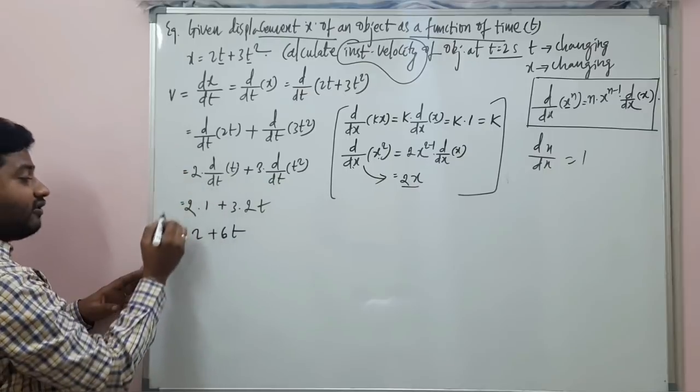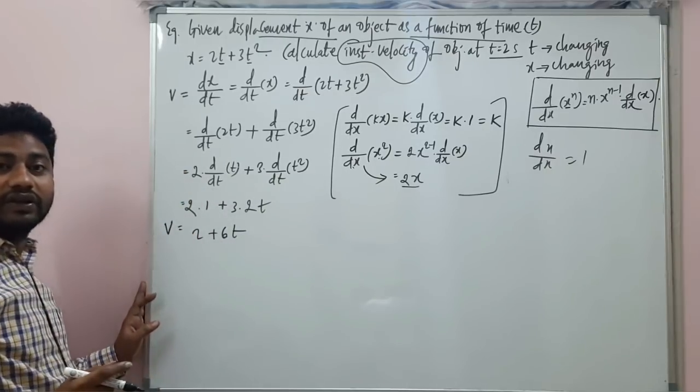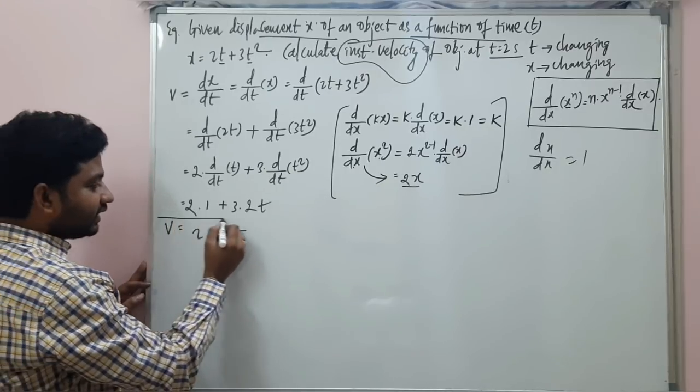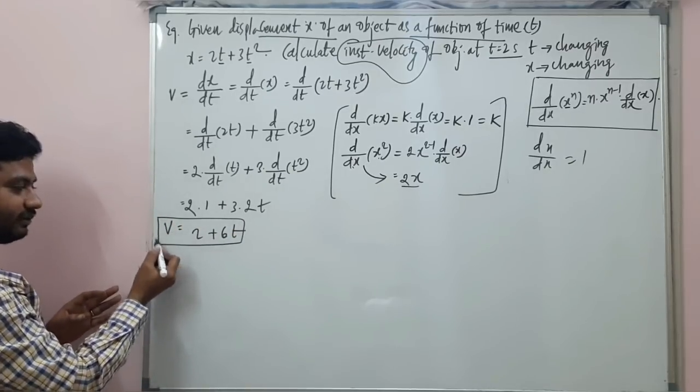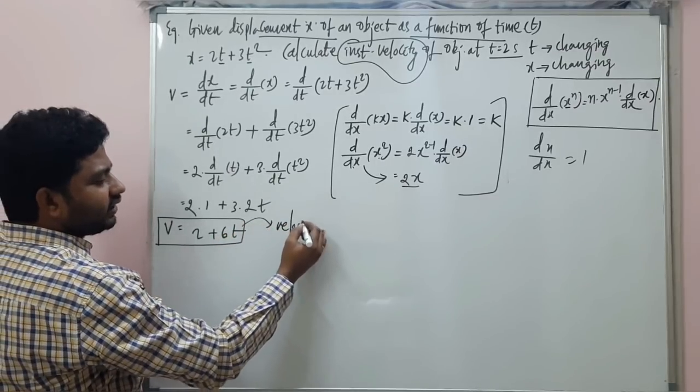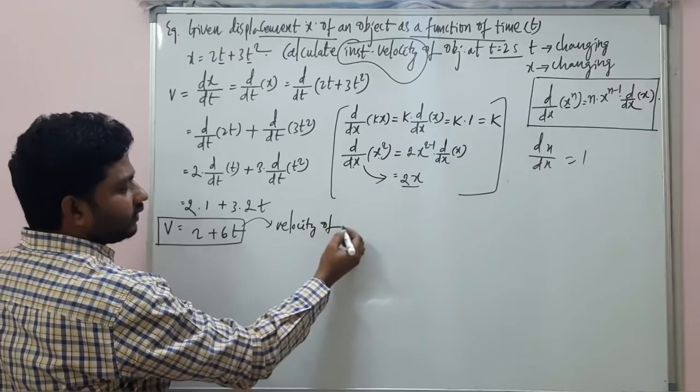What is that? Your velocity. So this is the velocity as a function of time here. Understand? This is the velocity of an object.